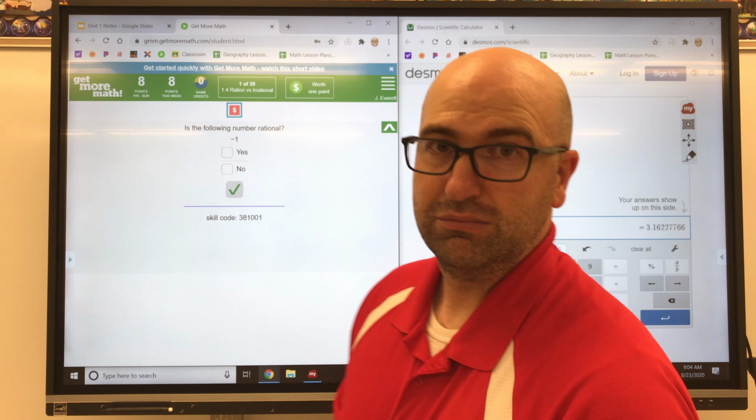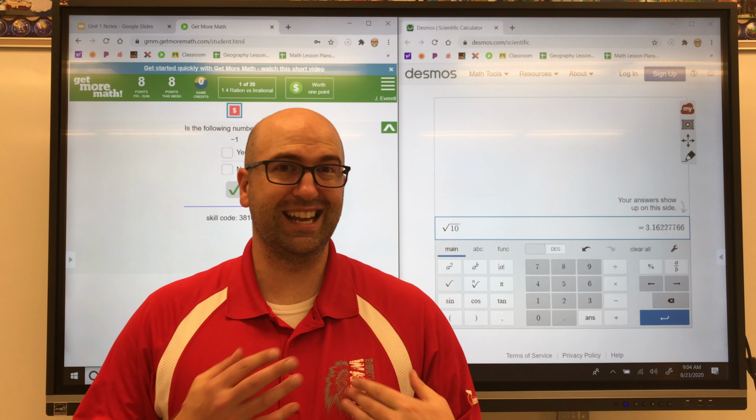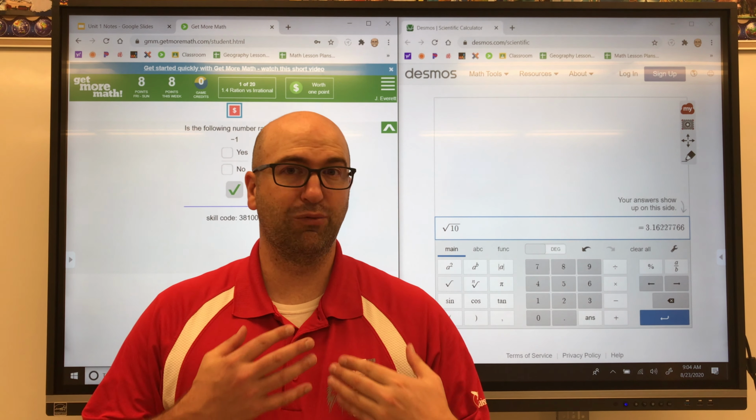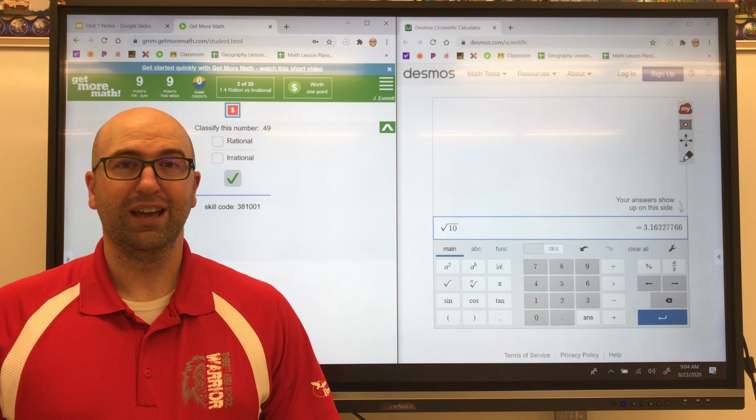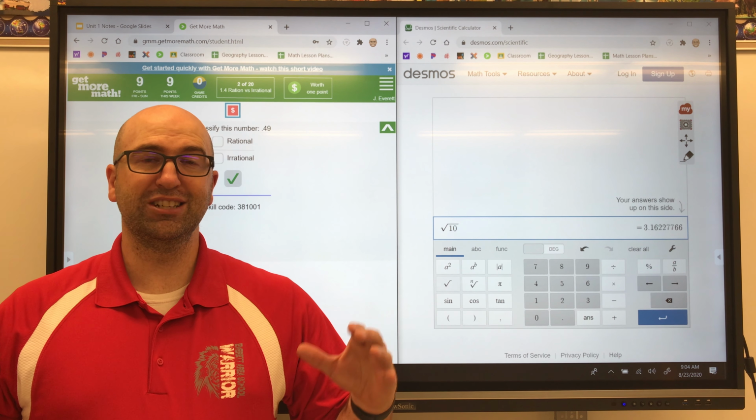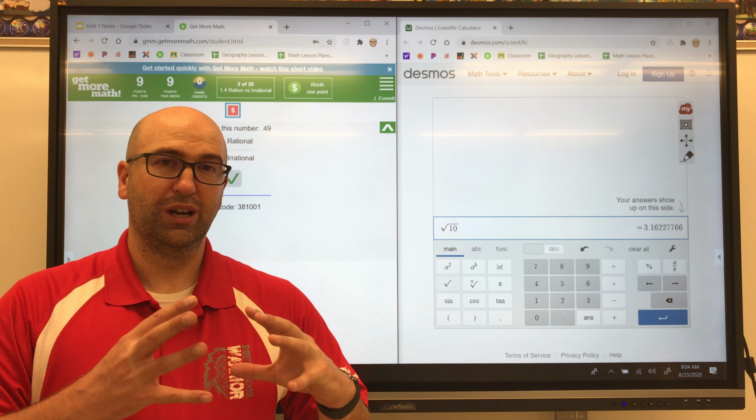Is this an irrational number? Negative 1. This is easy. Negative 1's an integer. Integers are rational numbers. 0.49. That looks like a terminating decimal to me. Terminating decimals, ones that just have a few decimal places and they stop, are rational.